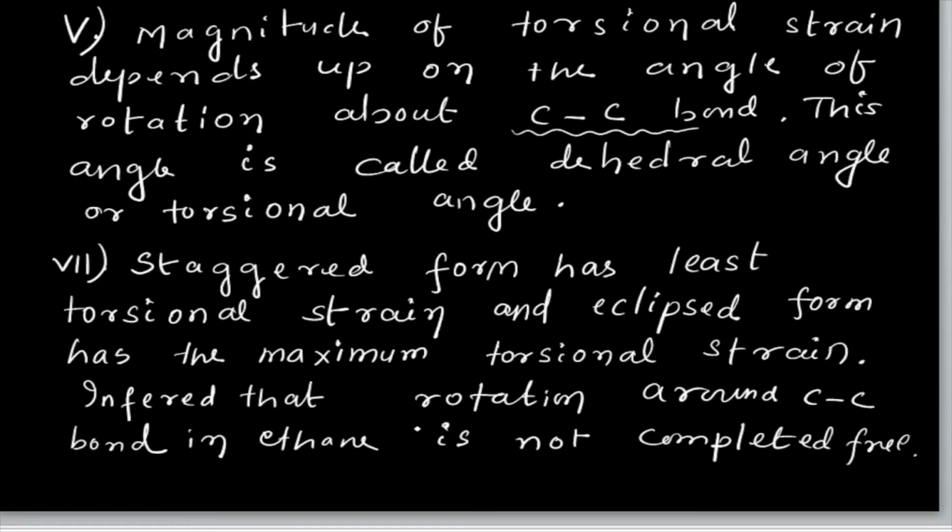When we compare staggered and eclipsed form, you can conclude the rotation around the C-C bond is not so free due to torsional strain, with the least torsional strain in staggered form and maximum torsional strain in eclipsed form. Though conformation takes place in ethane, that is the conclusion point.